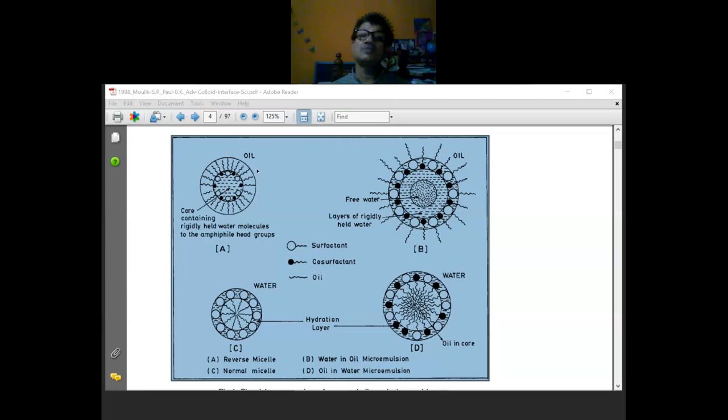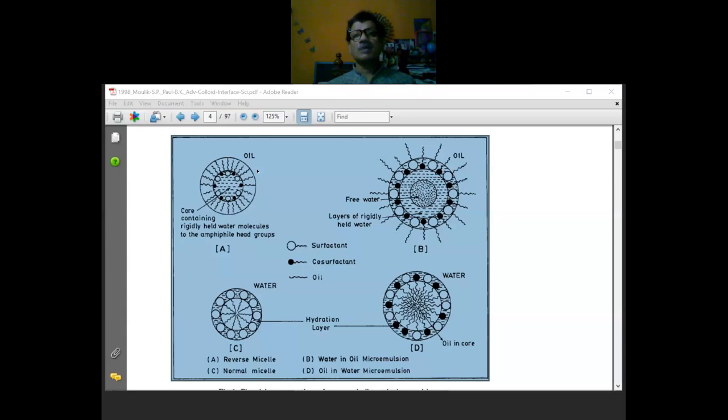If the HLB value is very high, they are expected to form normal micelle because of higher hydrophilicity. If the HLB value is low, then they are expected to be more soluble in oil and hence they will form reverse micelle.